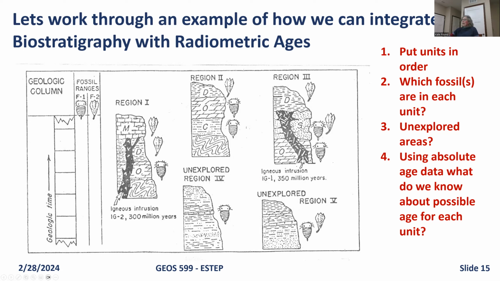So you've got a S, O, D, there's a C, and there's an M. Based on what you know about relative age, what is the order of the units based on comparing these three sequences? Pause now.